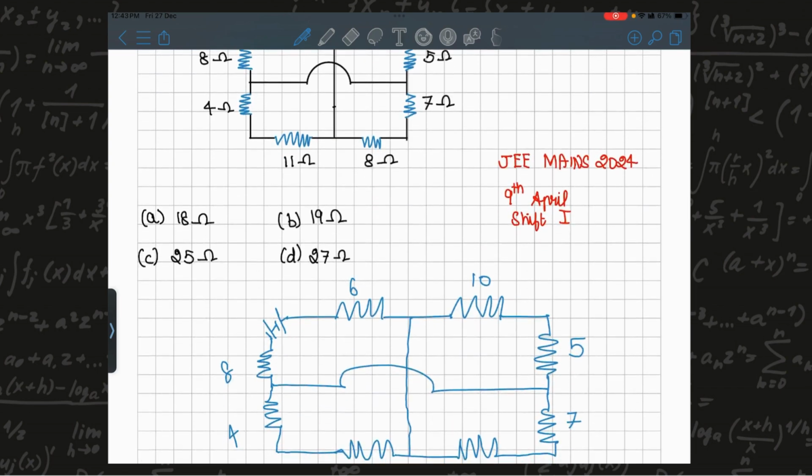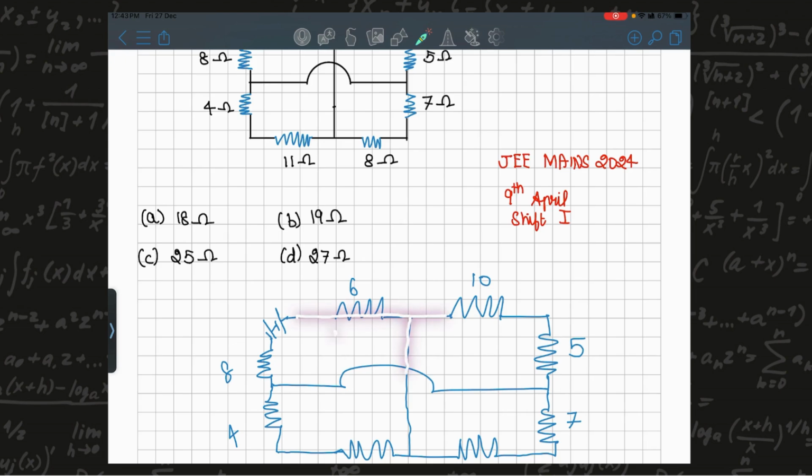Okay, so we know that current flows from the positive terminal to the negative terminal, right? So the current now flows from this end, and there is a junction over here, as you can see, because there are two wires that are being connected. So the current that flows through the 6 ohm resistor gets divided.